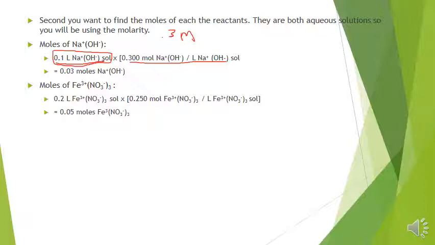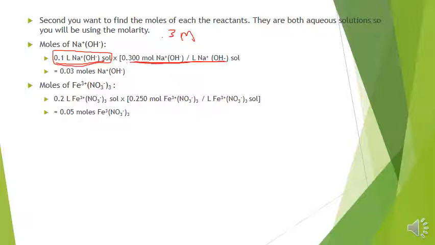What that stands for is 0.3 moles of NaOH per liter of NaOH solution. So we have liters here, so we're going to write molarity as moles over liters. Now, if this was moles, we would flip it upside down.